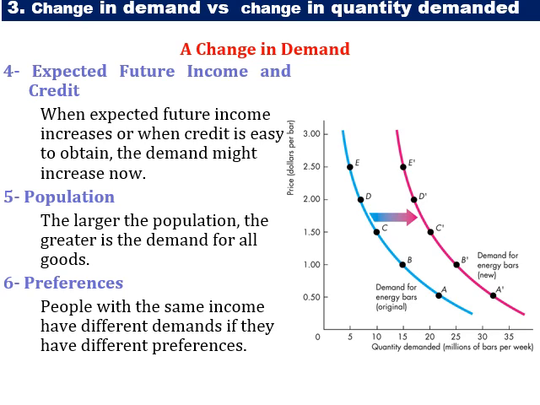So all these factors will lead to a change in the demand. So the whole demand curve will move from its place either to the right or to the left. But the change in quantity demanded will happen only if we have a change in the price of the commodity. And in this case, the quantity demanded will change along the same demand curve.